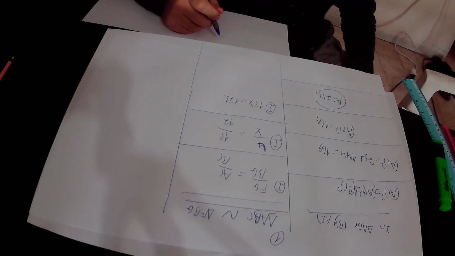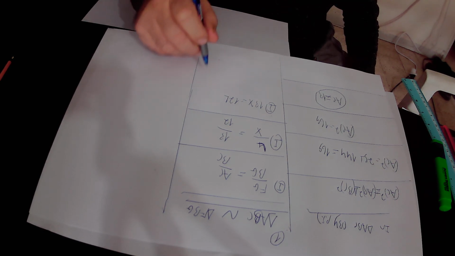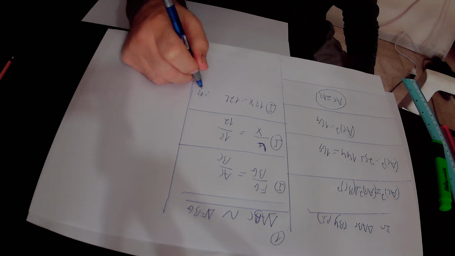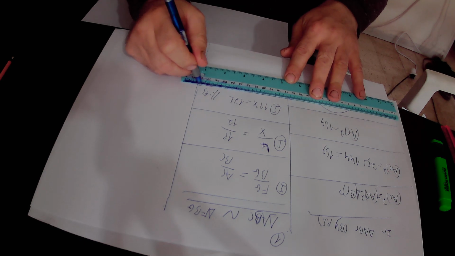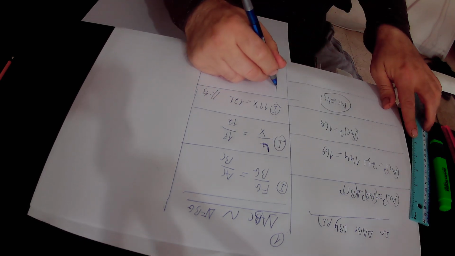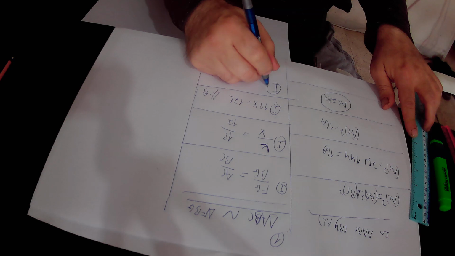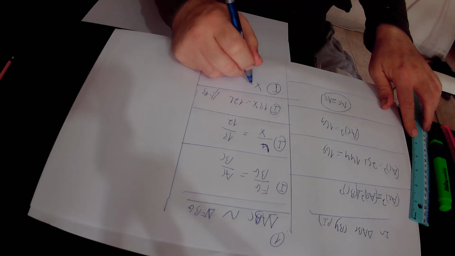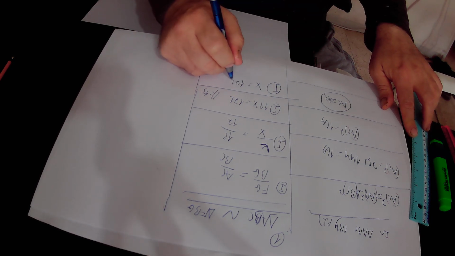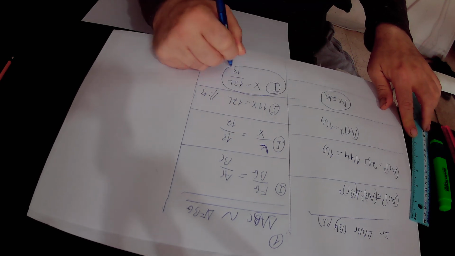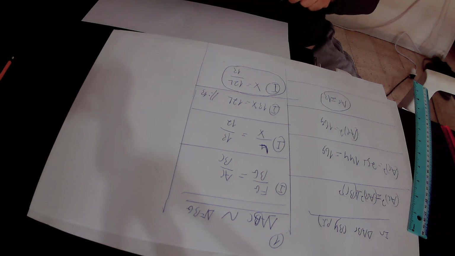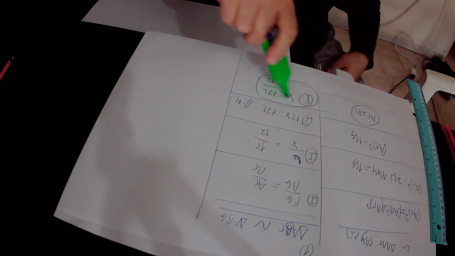Here we'll divide this equation by 13, and finally we'll get that, according to equation 1, x equals 12L over 13. Okay, according to equation 1, x equals 12L over 13.